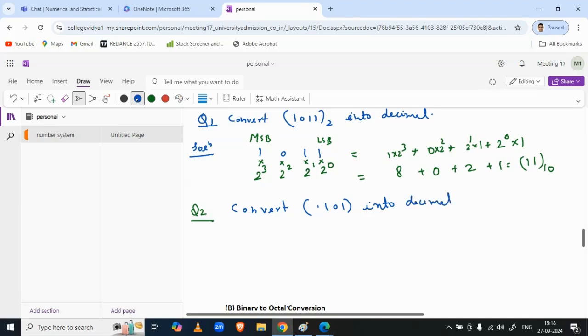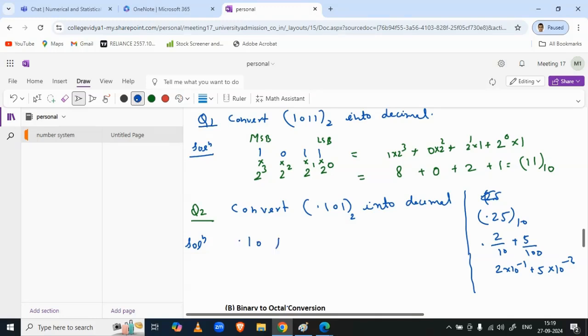So class, because after the decimal point, suppose let us consider 0.25. 0.25 मीन्स क्या होता है? 0.25 ये आपका डेसिमल में है, राइट? तो आप इसको कैसे लिखोगे? 2/10 plus 5/100, which means 2 into 10 to the power -1 plus 5 into 10 to the power -2. यहाँ आप डेसिमल के बाद -1 पावर में चले जाते हो। तो ऐसे ही हम बाइनरी में लिखेंगे। ये डेसिमल नंबर सिस्टम था तो आप 10 to the power से कर रहे थे, यहाँ हम बाइनरी नंबर सिस्टम से बात कर रहे हैं तो यहाँ 2 to the power को कंसिडर करेंगे, राइट? अंडरस्टूड?